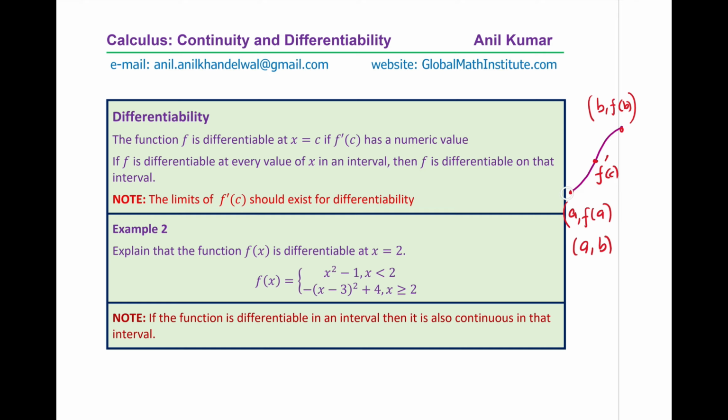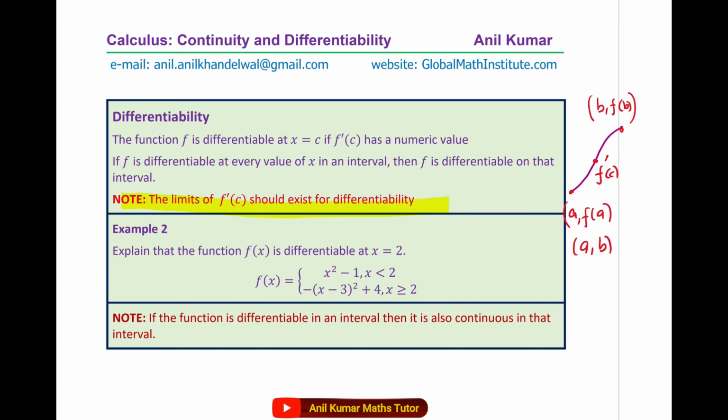Remember, the function is not differentiable at its corners since the limit does not exist here, correct? You cannot approach from both the sides. That's the concept, right? So the note here is the limits of a differentiable function should exist for differentiability. So here is a very, very important criterion.